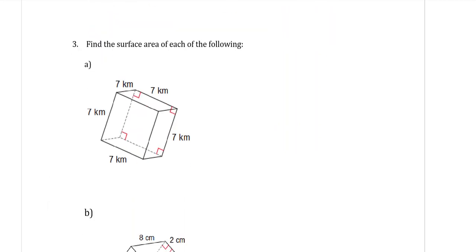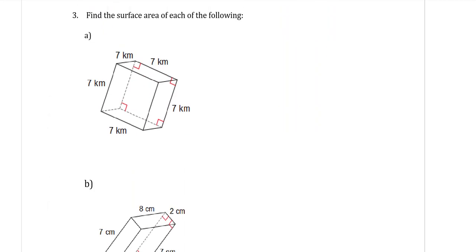Question 3. It doesn't tell you the name of the shape, but what kind of shape is that? If all the sides are the same, then it is a cube. Even if it doesn't quite look like one, it looks more like a rectangular prism, but they're all 7 kilometres. So that means it must be a cube. So surface area of a cube is 6L squared. What is the length of the side of my cube?